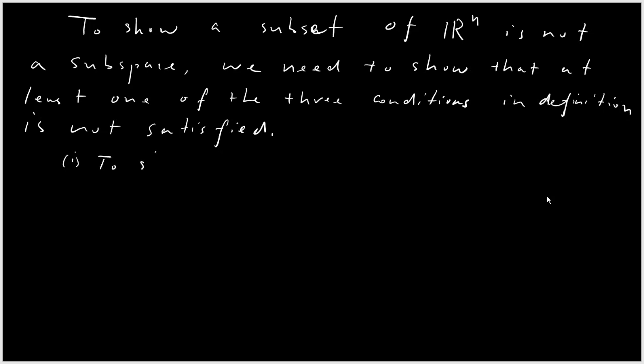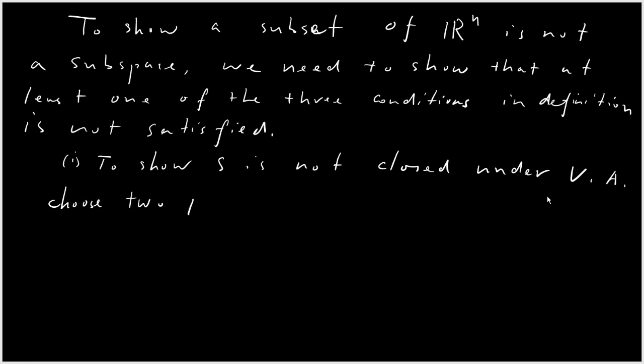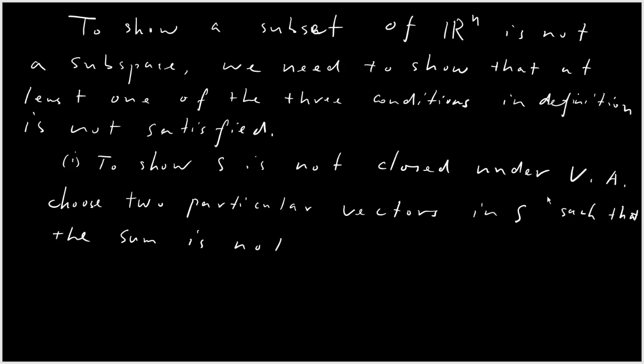To show S is not closed under vector addition, all you need is to choose two particular vectors in S such that the sum of the two vectors is not in S, like we just did.